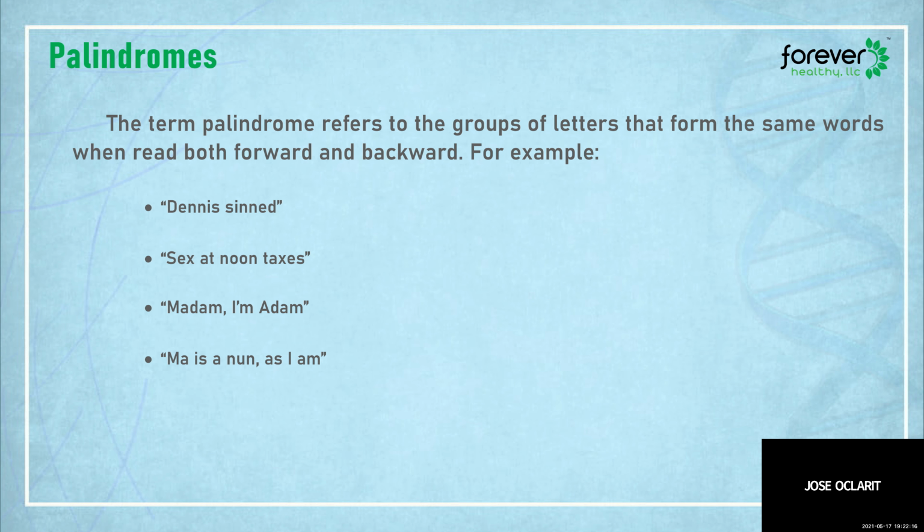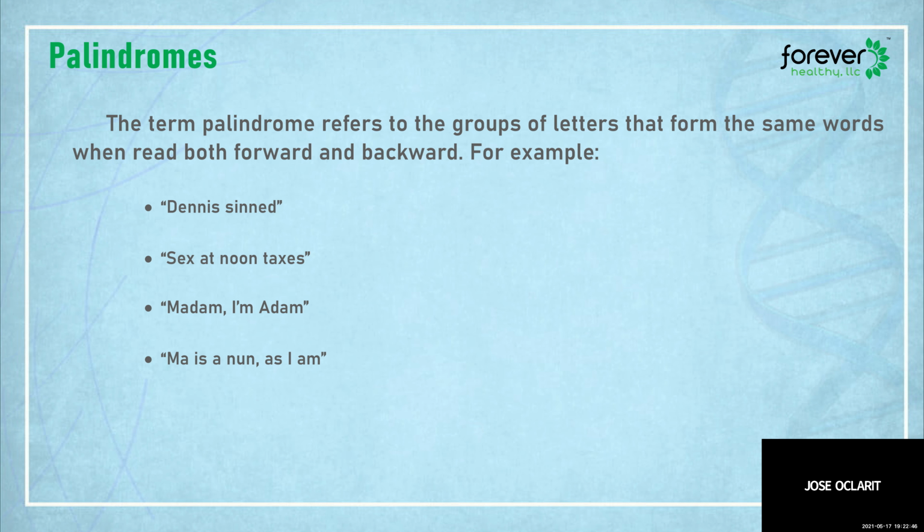You read it, sex, from backward, sex, sex at noon taxes, also the same. Another palindrome is Madam, I'm Adam. Did you get the idea of palindrome? Palindromes are sets of letters that can be read the same forward and backward.